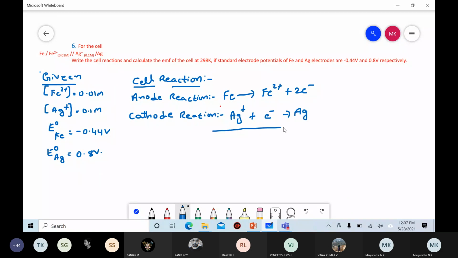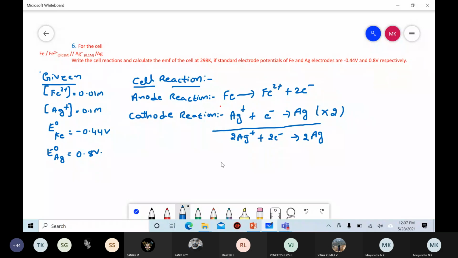Now in the anode reaction there are 2 electrons and in the cathode reaction 1 electron, so they will not cancel. Therefore the cathode reaction is multiplied by 2, and we get 2Ag+ plus 2 electrons gives rise to 2Ag.